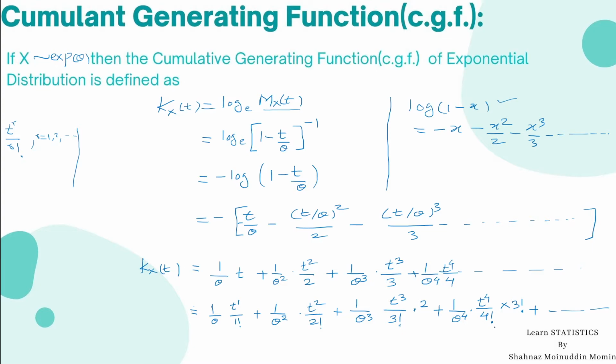I have adjusted the first 4 terms since I want the first 4 cumulants from the cumulant generating function. So this is the cumulant generating function.